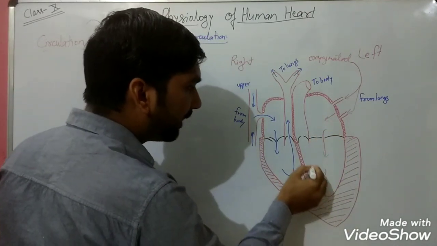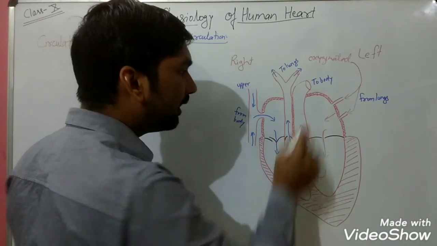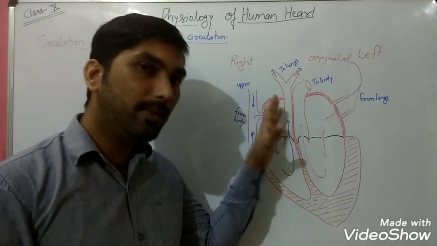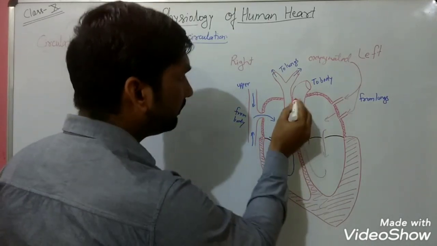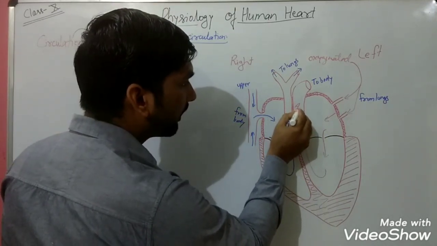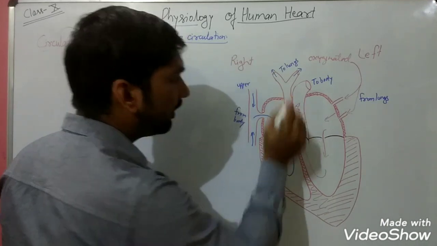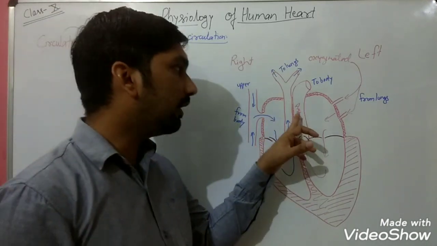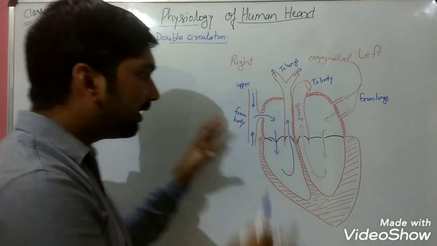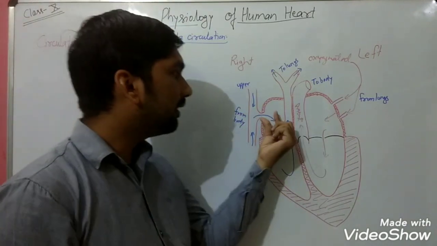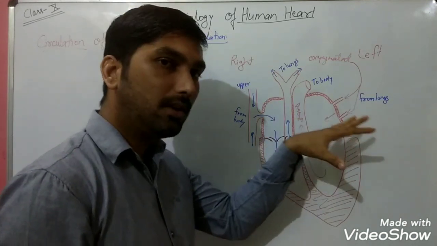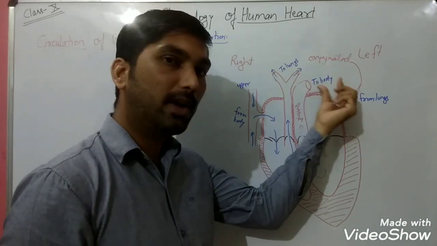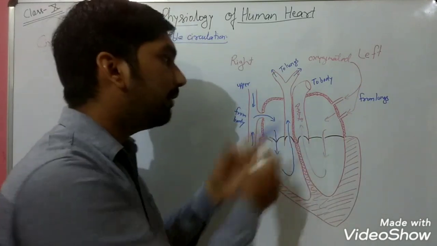From the left ventricle, when the ventricle contracts, this blood moves into the main artery known as the aorta. And from the aorta, the same blood which came into the right atrium now leaves and reaches the body parts from where it arrived.